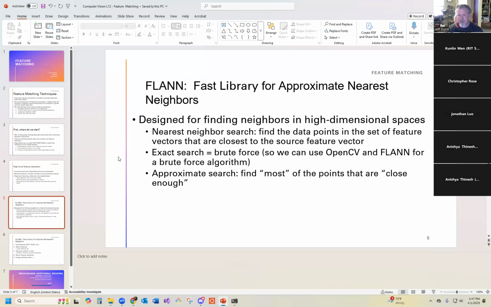That's the stuff I don't want to talk about too much, but it mostly uses trees or hashing. The idea is, we could do an exact search, which is basically a brute force search, which is sort of a version of FLANN where the neighborhood you're looking in is everywhere.